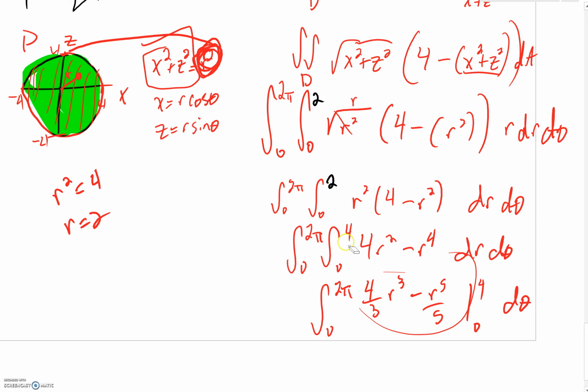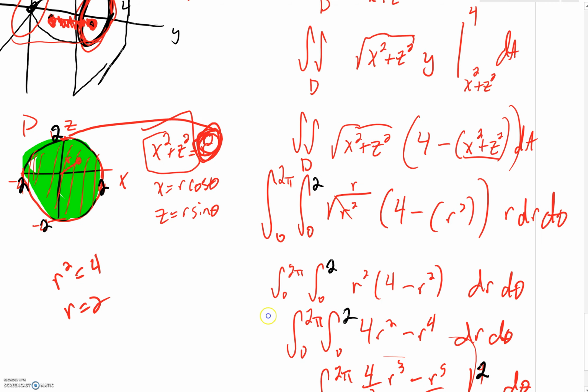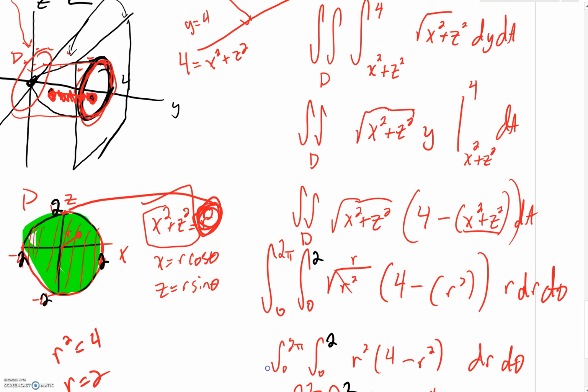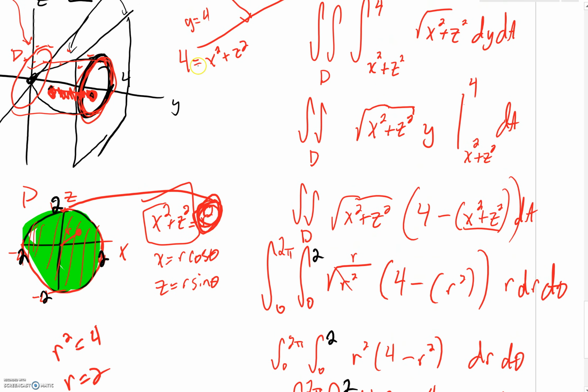I was using our r squared instead of an r boundary. So, oops, let's just clean that up. This is going to be a 2. So really, we're going to have this situation right here. x squared plus z squared equals 4. That's really like x squared plus z squared equals 2 squared.